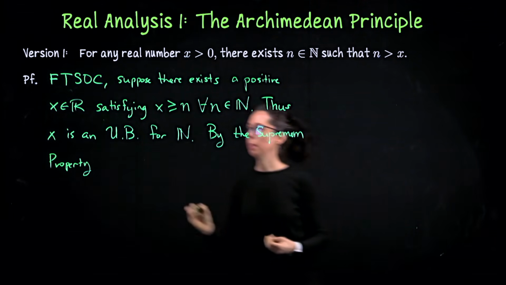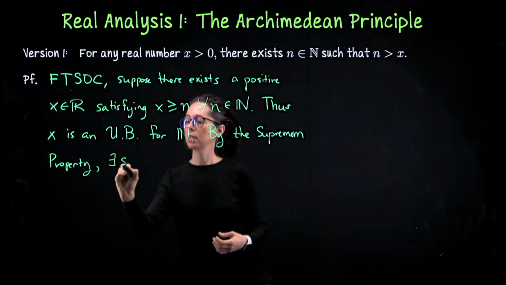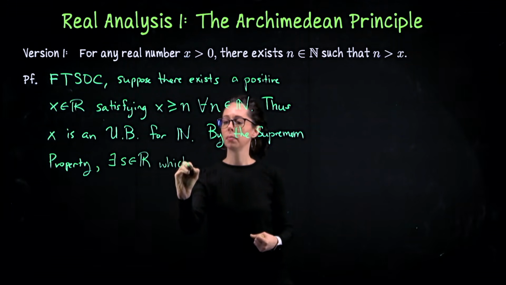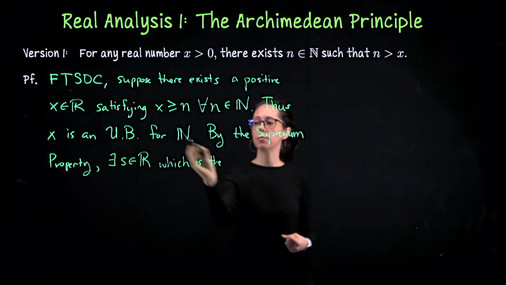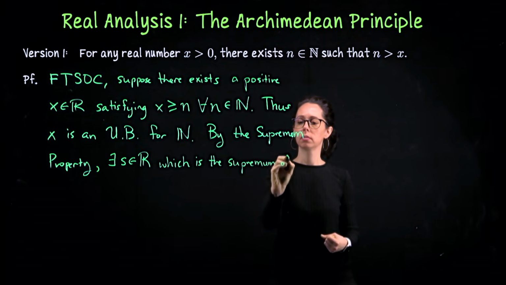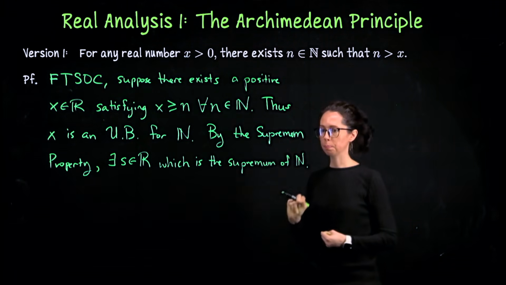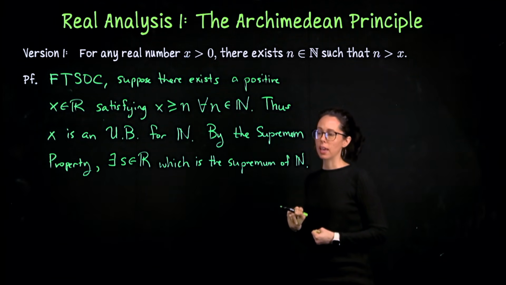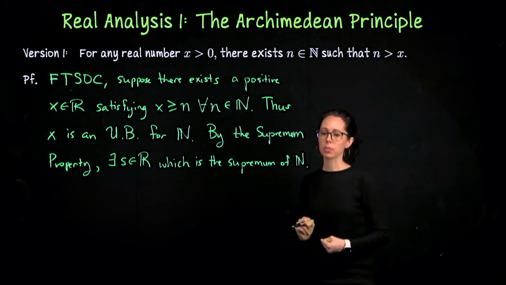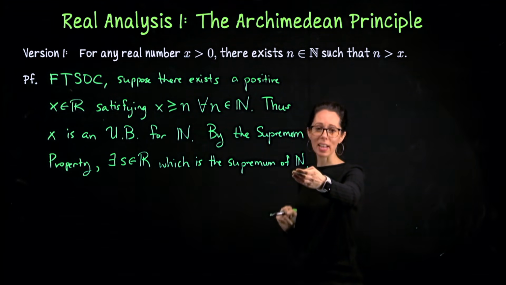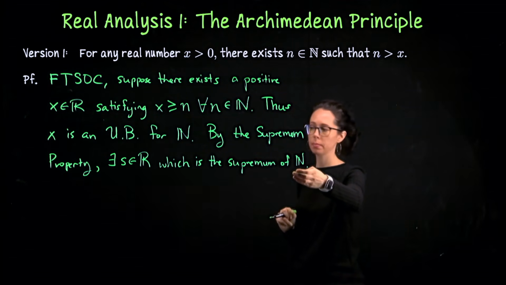So by the supremum property, there exists an S in the set of real numbers, which is the supremum, or the least upper bound, of N. Since S is the least upper bound for the set of natural numbers, every number which is less than S is not an upper bound for the set of natural numbers.